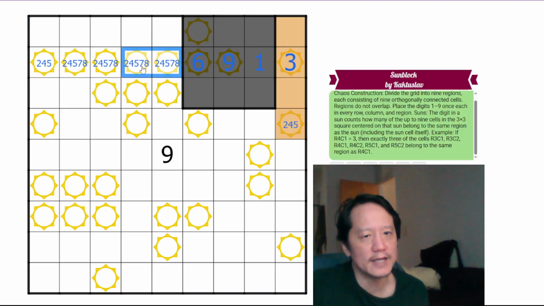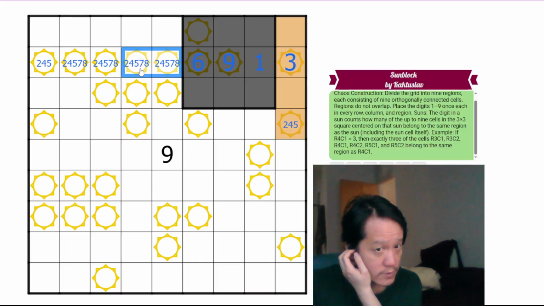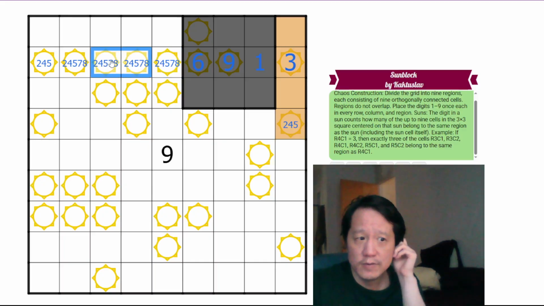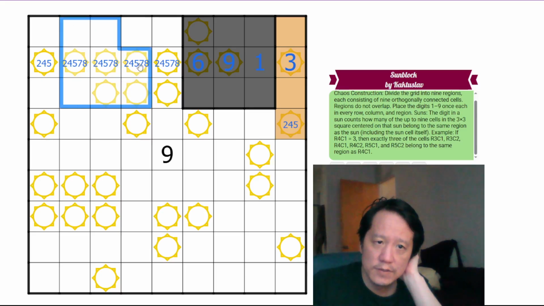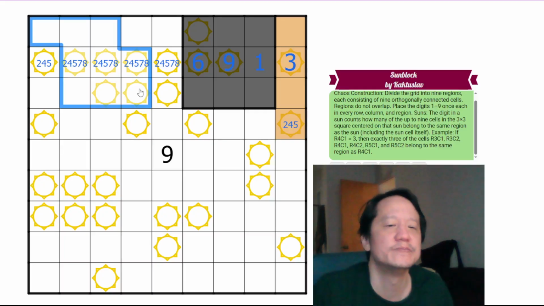Right? It can't be 8 and 7 in the same region. Well, maybe. Hold up. So if we have 8 cells in its region, it has to be something like that. Then the problem is the 8 cells in its region, I guess you could have 7 that way. That is possible.